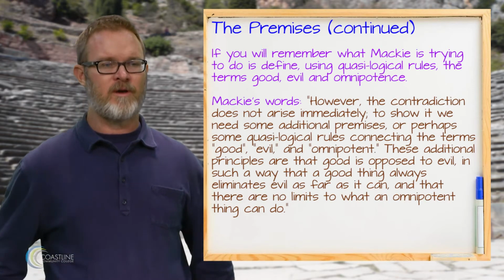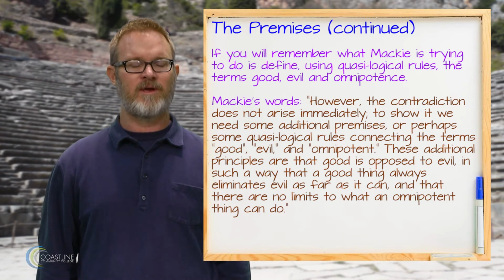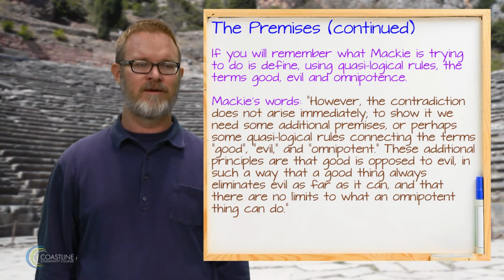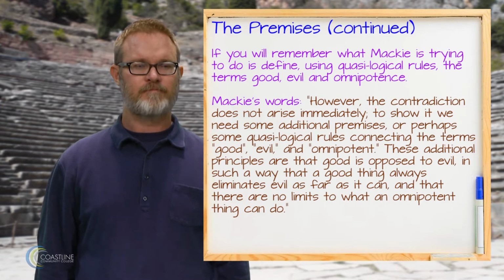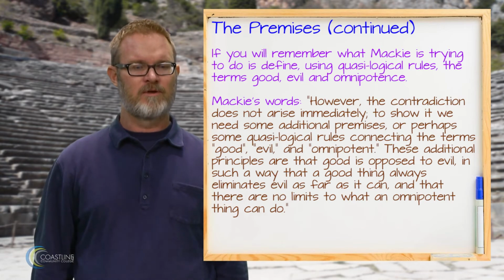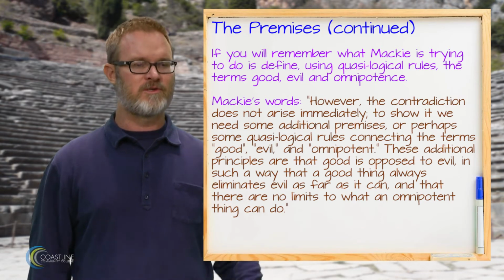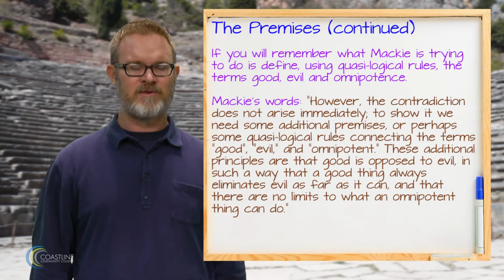So then Mackey tells us these additional principles are that good is opposed to evil in such a way that a good thing eliminates evil as far as it can, and that there are no limits to what an omnipotent thing can do. So then what we're going to say is that these two principles, these quasi-logical rules Mackey's talking about, are going to be our next two premises.